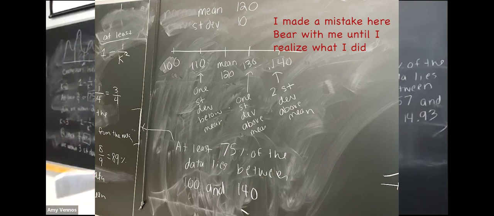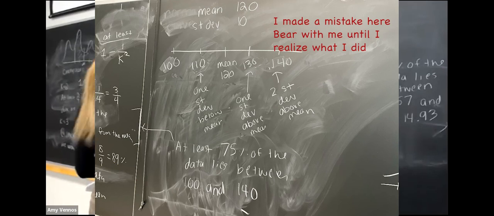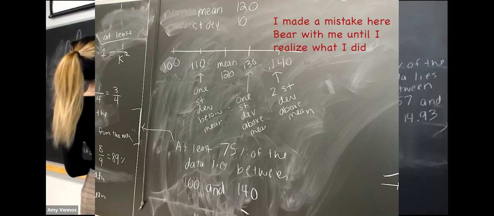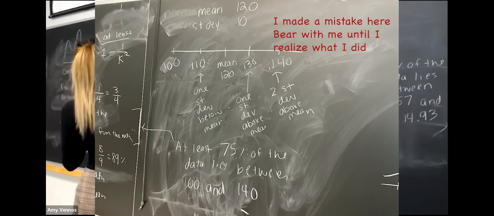I'm trying to find what 2 numbers are within 2 standard deviations away from the mean. So this number here is 1 standard deviation above the mean, right? I just added 2, which is the standard deviation, to 120. And then here we are 2 standard deviations above the mean. Okay. Now going below, this is 1 standard deviation below the mean.